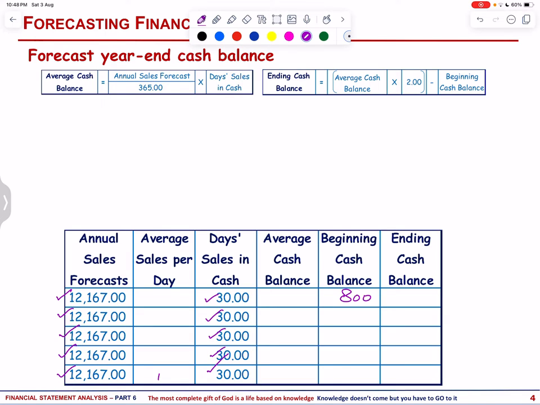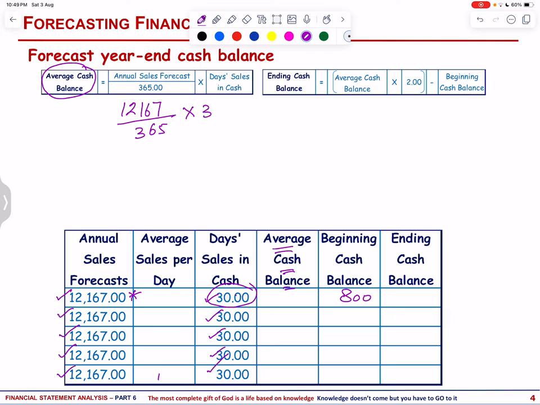Now with this information, we can calculate the average cash balance. The average cash balance is equal to the annual sales forecast, that is 12,167, divided by the number of days, that is 365, and we are going to multiply this by the days sales in cash, that is 30.